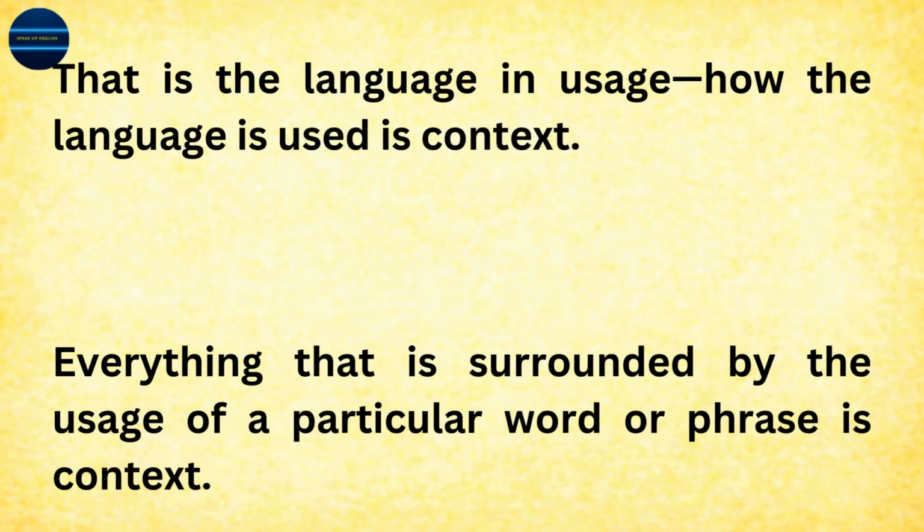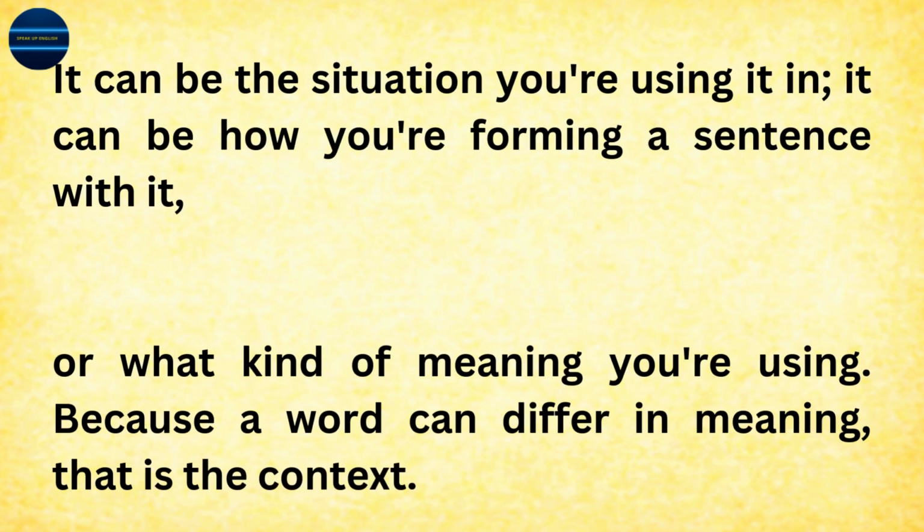That is the language in usage. How the language is used is context. Everything that is surrounded by the usage of a particular word or phrase is context. It can be the situation you're using it in. It can be how you're forming a sentence with it, or what kind of meaning you're using, because a word can differ in meaning.